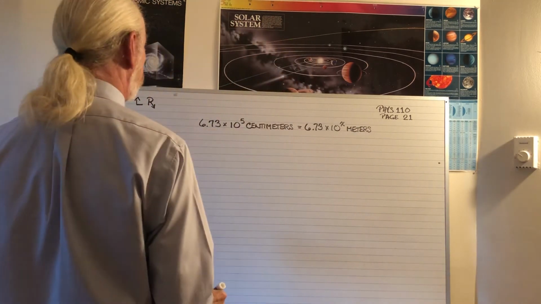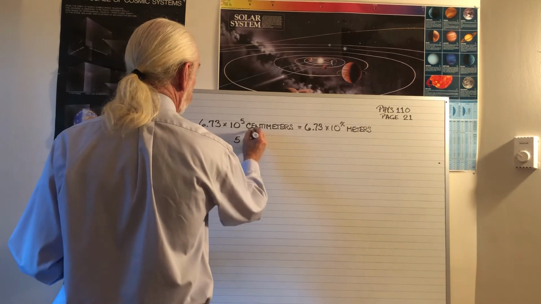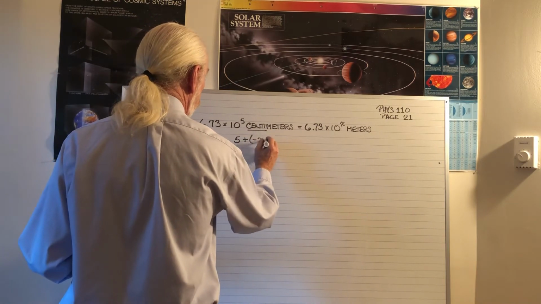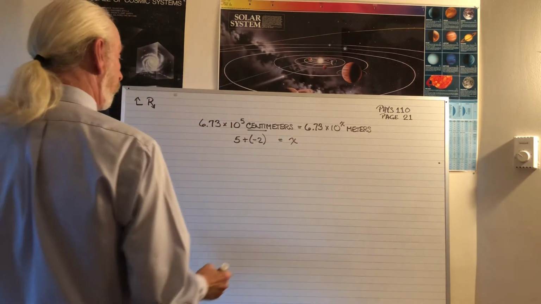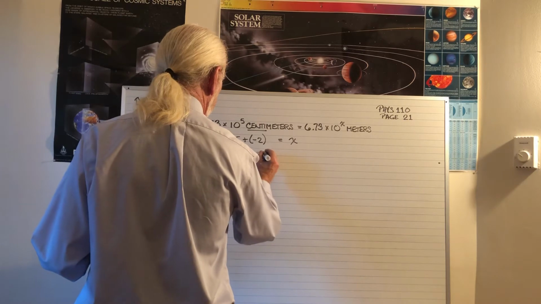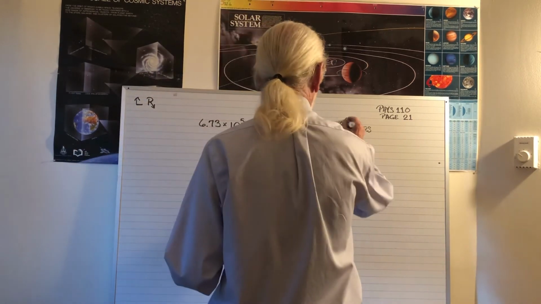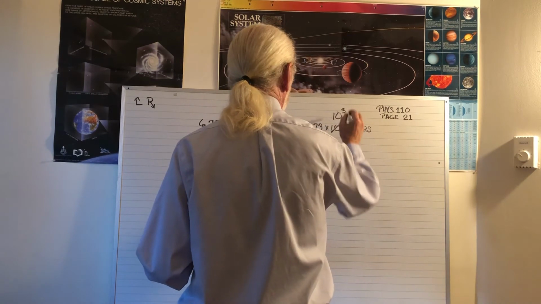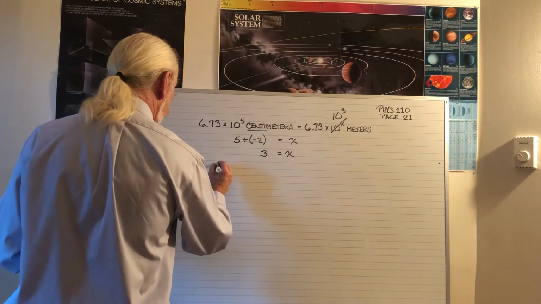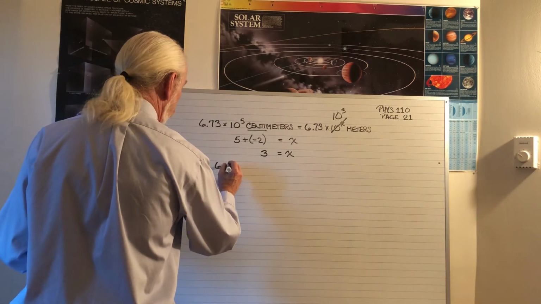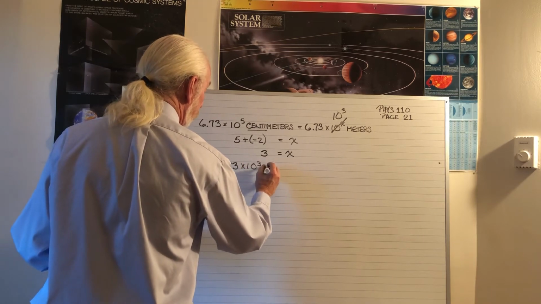Okay, so left to right, I got 5 plus negative 2 equals x. So there's 10 to the 3rd. All right, so now I've got 6.73 times 10 to the 3rd meters.